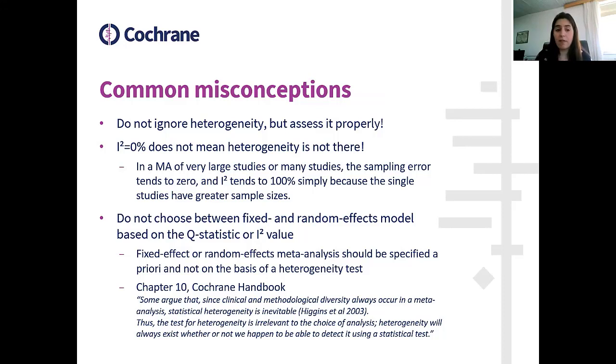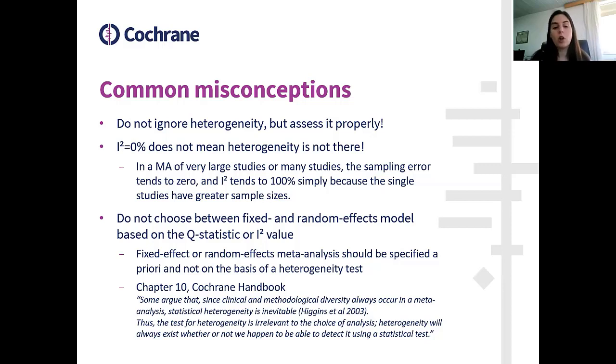As Aphrodite told us before, the I-square depends on many factors, including the sample size of the studies and the number of studies included in the meta-analysis. So in a meta-analysis with very large studies or many studies, the sampling error chance will tend to 0. Therefore, I-square will tend to be 100% simply because the single studies have greater sample sizes. So we should not over-rely on I-square.